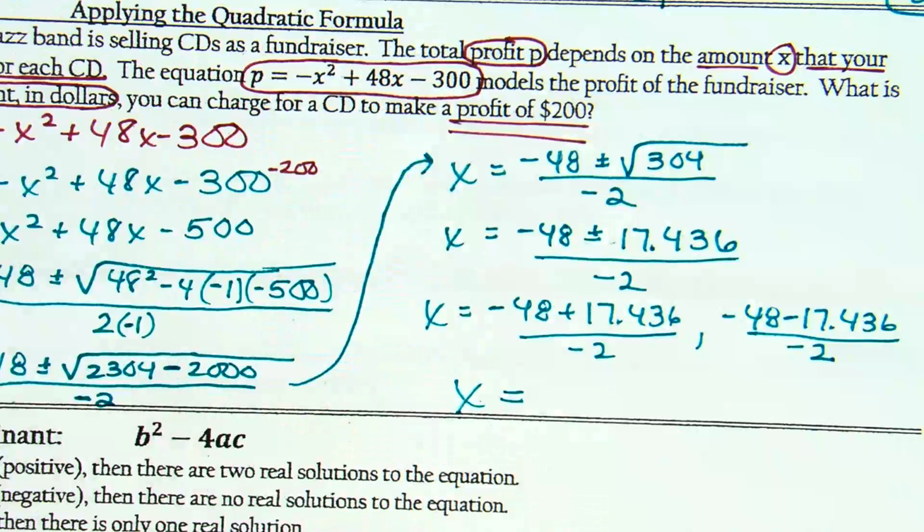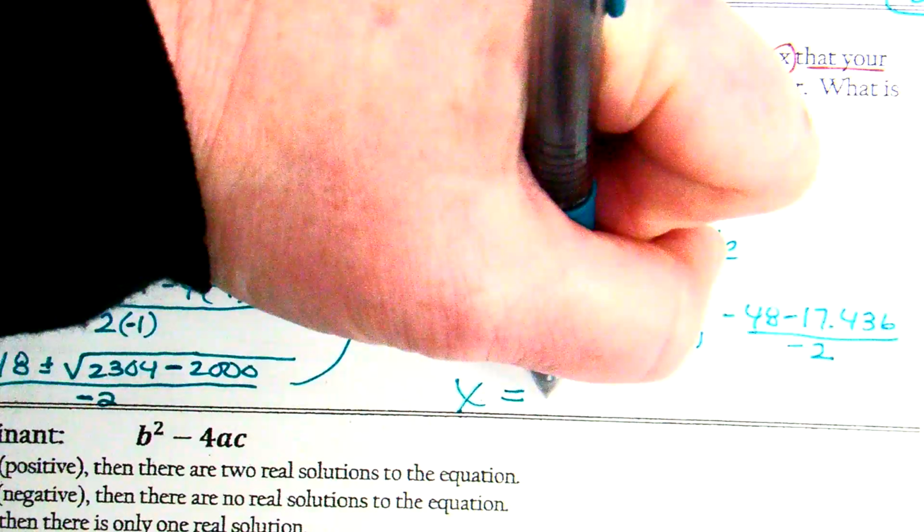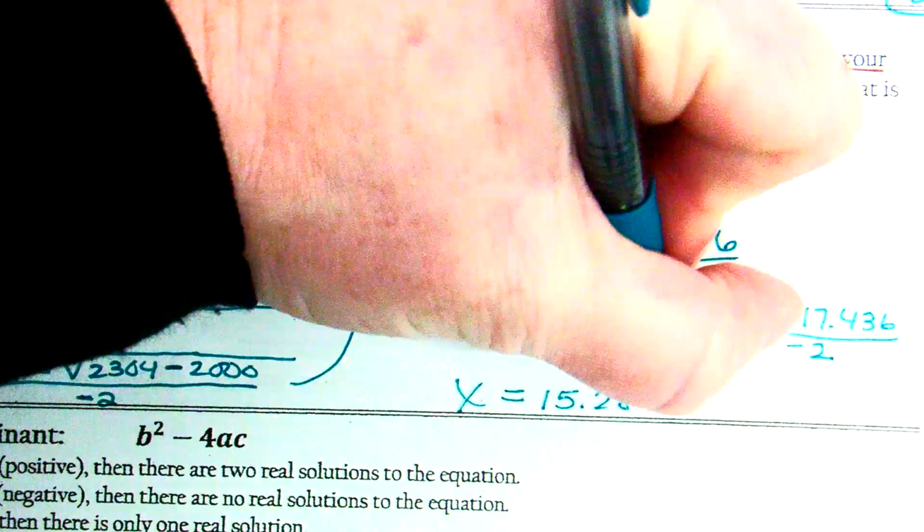All I have to do is write the answers at this point. What answer do I get? Shouldn't be negative. It should come out positive. $15.282 is what I have written down. And I know it should come out positive because you're going to have a negative on top divided by a negative on bottom.